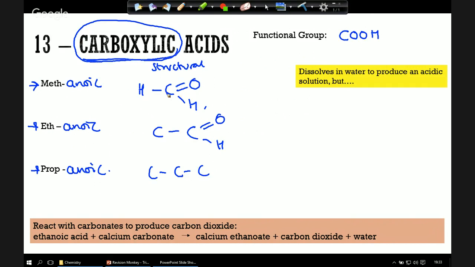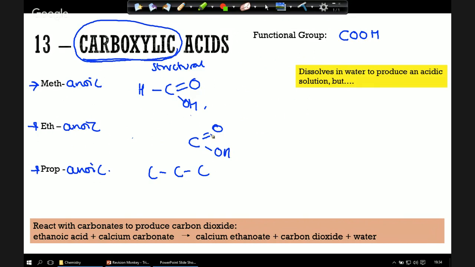And this should be COOH, sorry. And then we add the hydrogens in around. Oops. So this one here already has 1, 2, 3. I'll draw that one again. Always be careful when you're drawing the correct number of bonds on these, because you make silly mistakes like me.